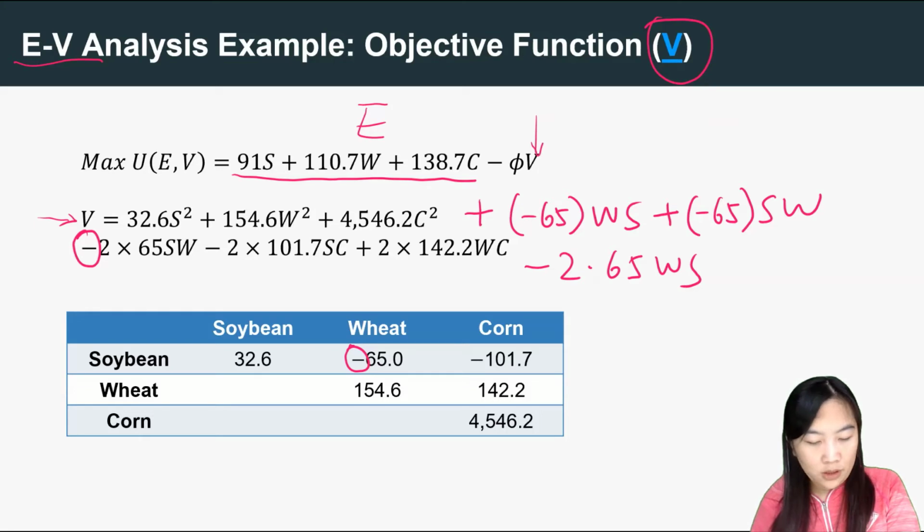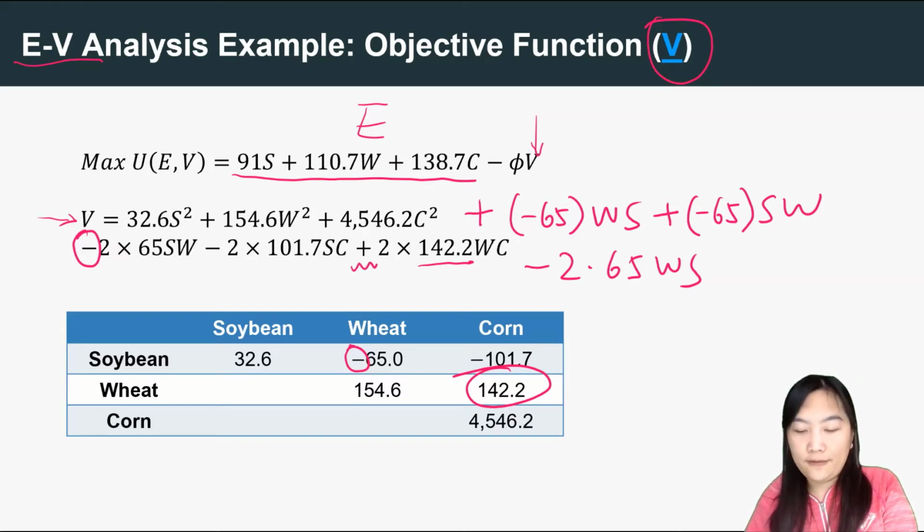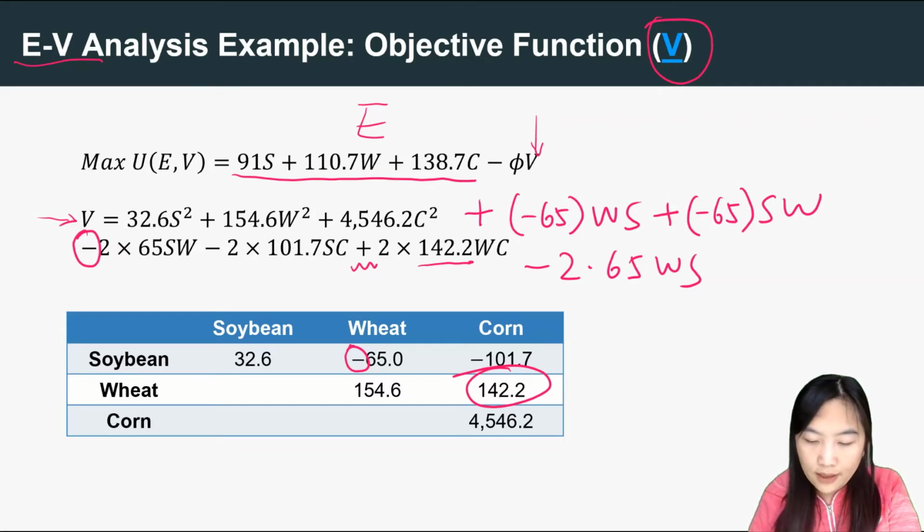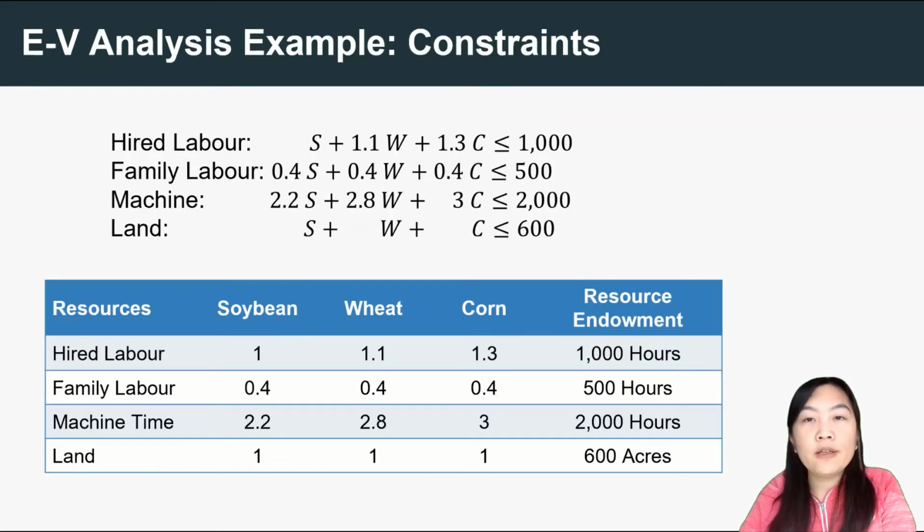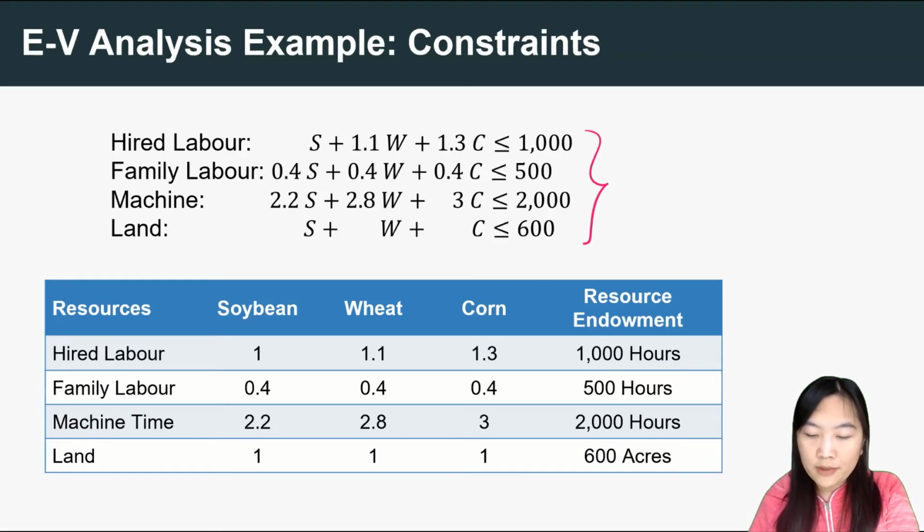And for wheat and corn, because the covariance is a positive term, you end up with a positive there as well. So we figured out this V here, and now it's time to put everything together. Remember those are the constraints that we mentioned before.